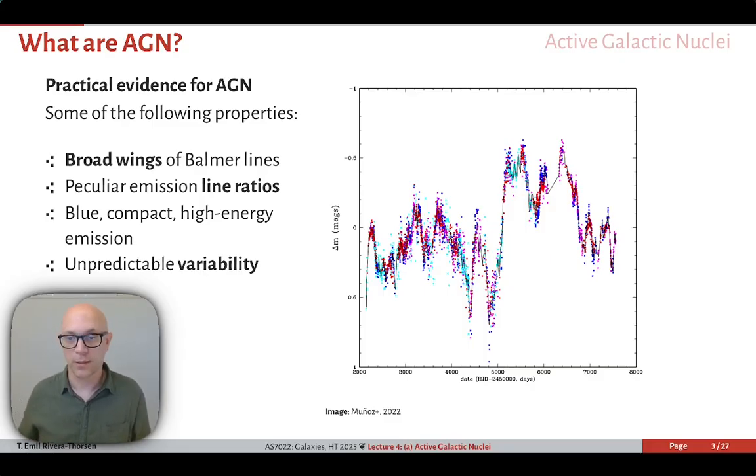It will not. As an aside, what we're looking at here in the plot to the right is actually not just one light curve, but multiple light curves from multiple images of the same AGN, which are created by gravitational lensing, which is a topic we will come back to later in this course. What happens there is that a very massive foreground object, I believe in this case a galaxy cluster, is bending the light from the distant quasar, and in this process also showing us multiple images of the same quasar.